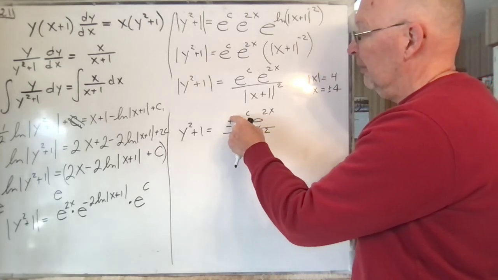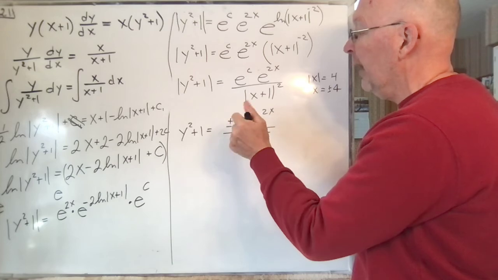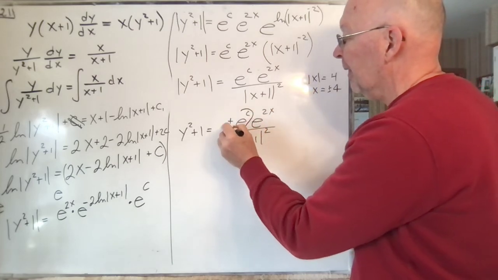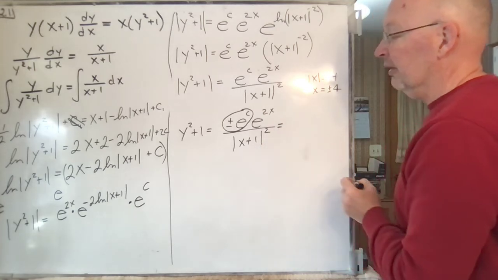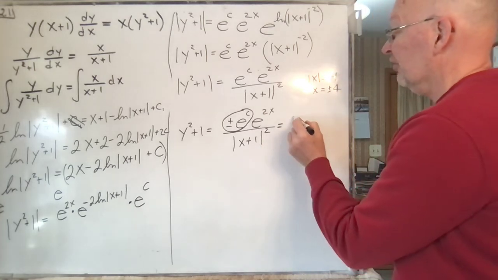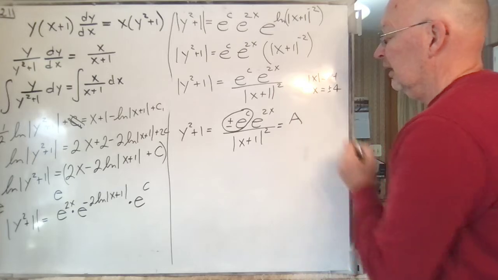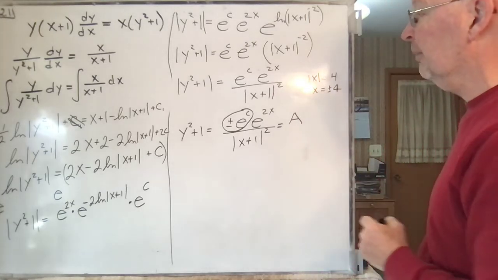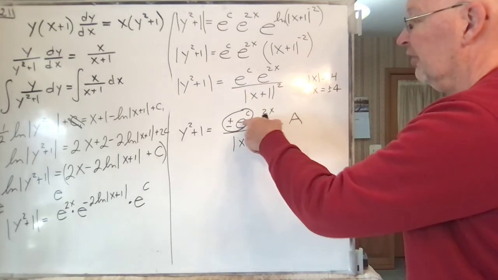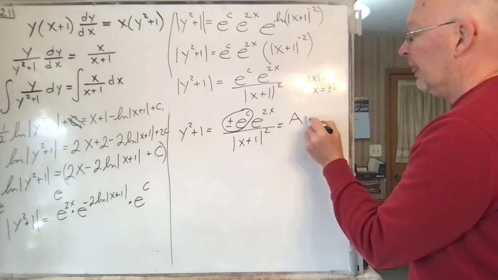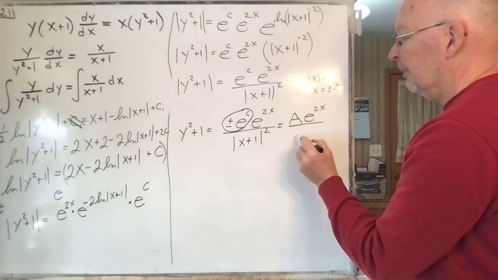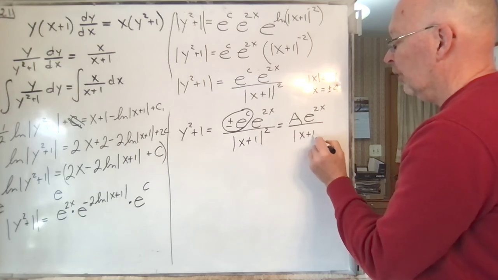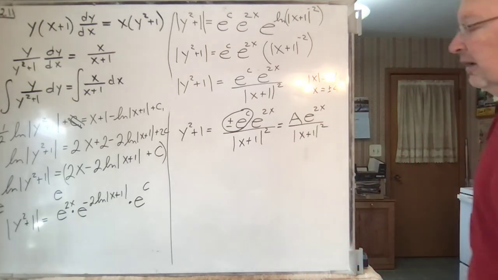But by the time you put a plus or a minus there, this could end up either positive or negative. So that's just going to be some constant. It could be any constant. So let's just call it a. We can call it c again, but we've used c for all those. Let's call it a. A e to the 2x, rather, divided by the absolute value of x plus 1 quantity squared.